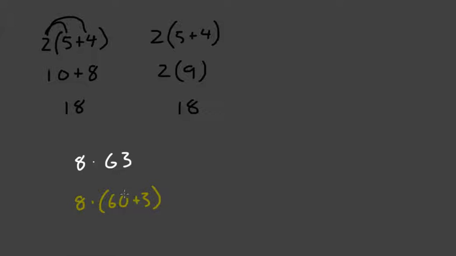And then you could do 8 times 60, which is 480, and then 8 times 3, which is 24, and then 24 plus 480 equals 504. And you can verify that with your calculator, and indeed 63 times 8 is 504. Alright, so that was the distributive property when it came to whole numbers.